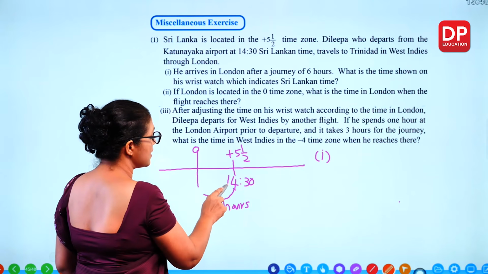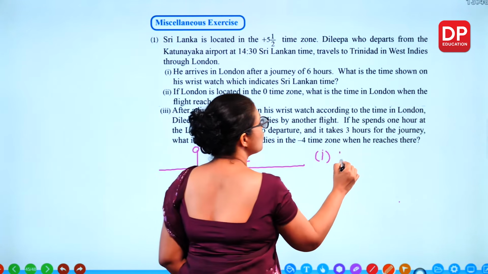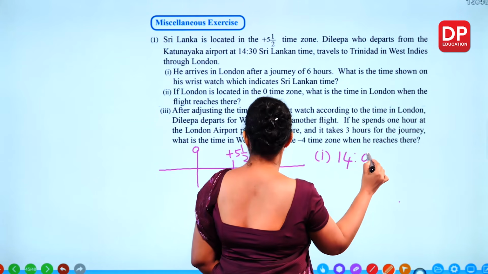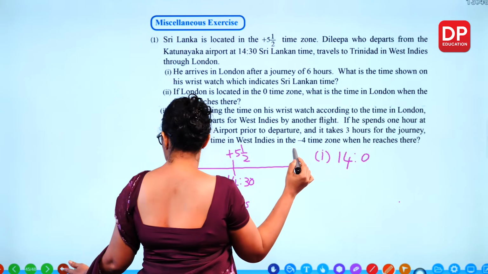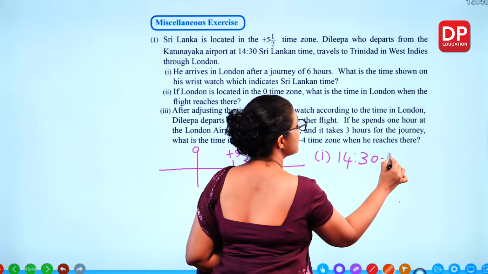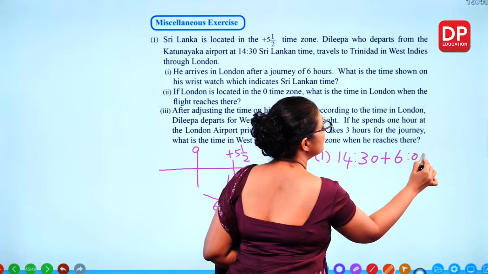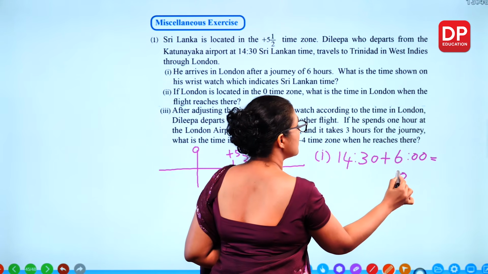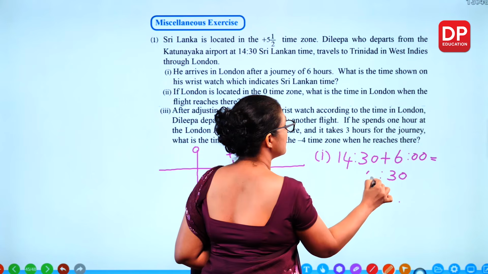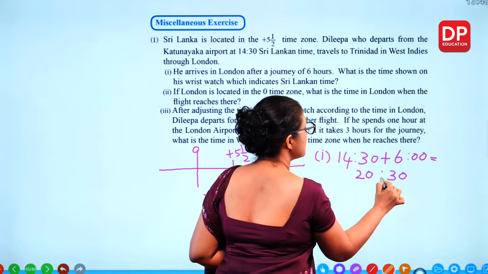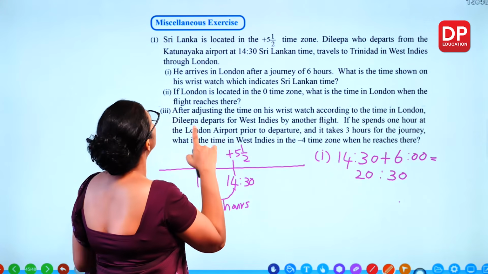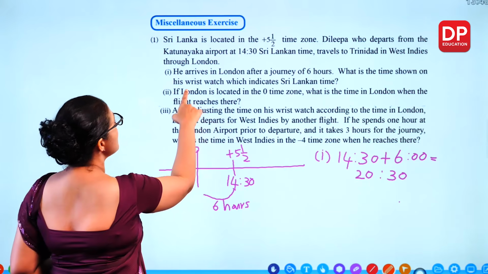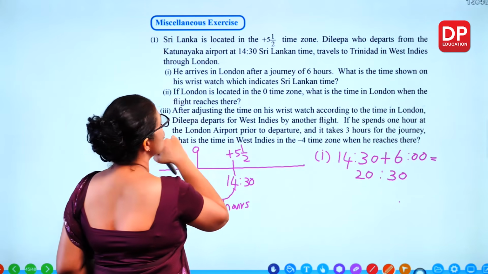The departing time is 14:30. So what's the time now? 14:30 plus 6 hours, you get 20:30. So that's the time that shows on the wristwatch.